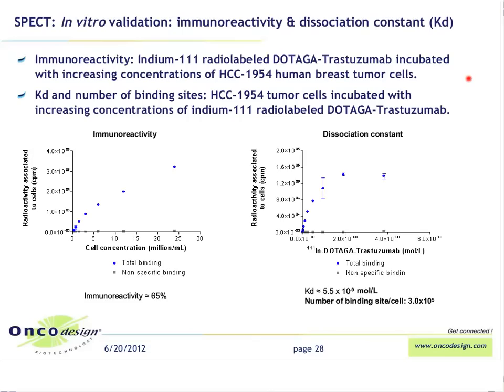You have here the example of trastuzumab radiolabeling, and before moving in vivo for the biodistribution study, it is of interest to qualify the radiolabeled antibody in order to be sure that the immunoreactivity and the dissociation constant of the radiolabeled antibody is not modified as compared to the unmodified antibody.